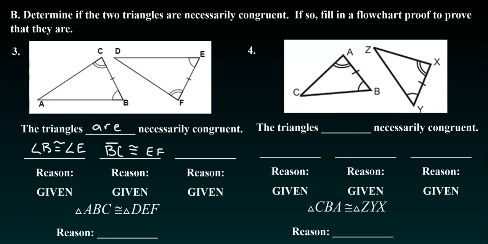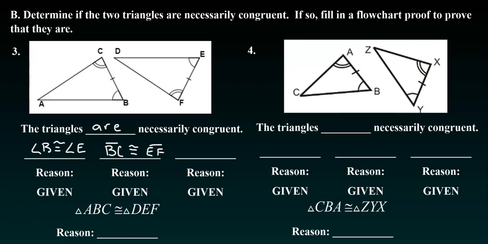The order of the letters is important. So BC, B had the single congruent mark and C had the double congruent mark. So when I look at the other triangle, E has the single congruent mark, so it has to be first, and F has the double congruent mark.